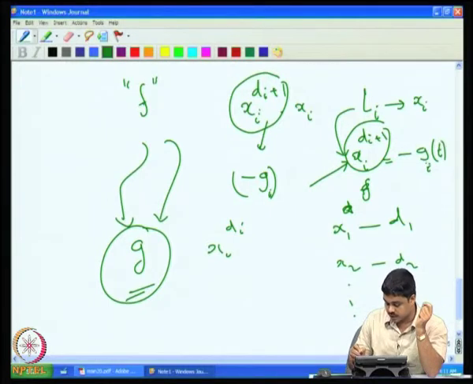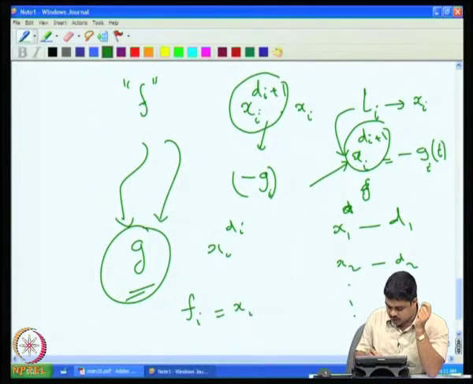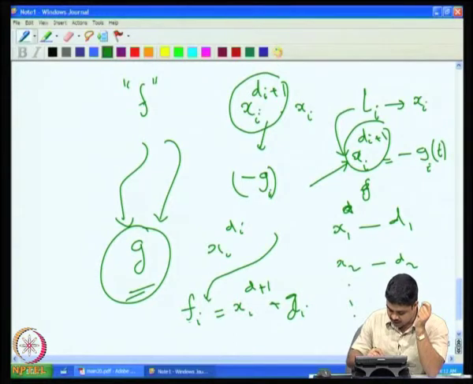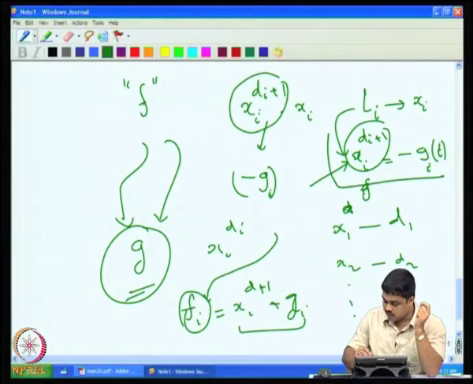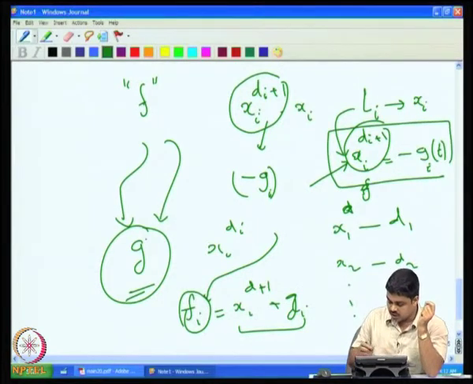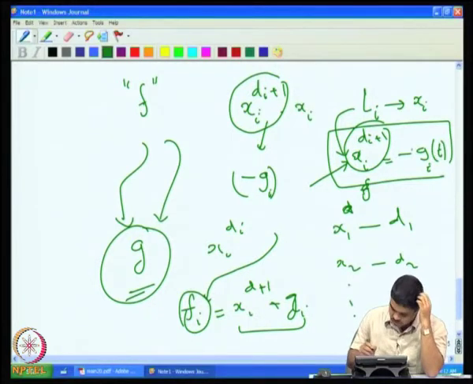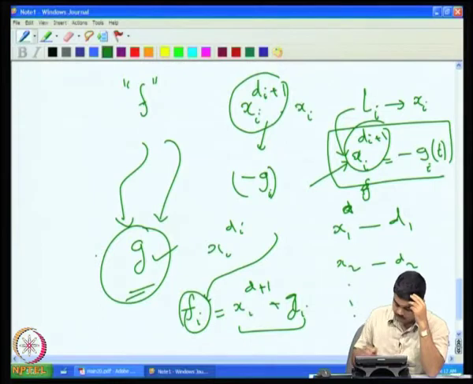Why? Because we know that fi is equal to xi raised to di plus 1 plus gi, and for any value t from the list Li, this term will vanish to 0 and the result will be equal to minus gi. So, when we evaluate g by substituting a value for xi from the list Li, g and f will evaluate the same.